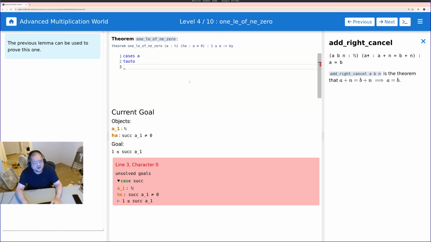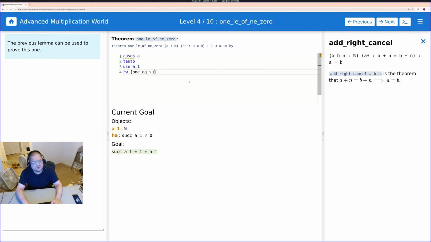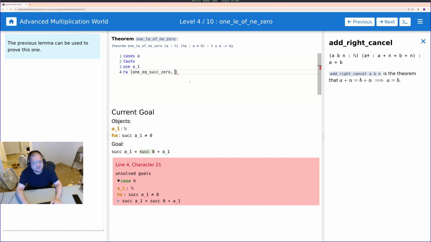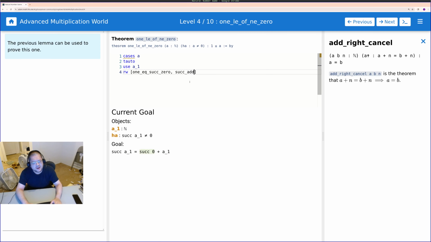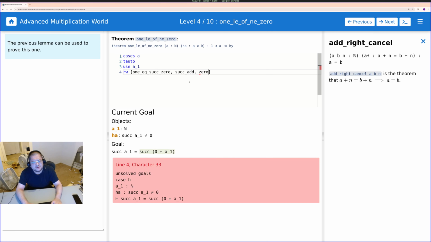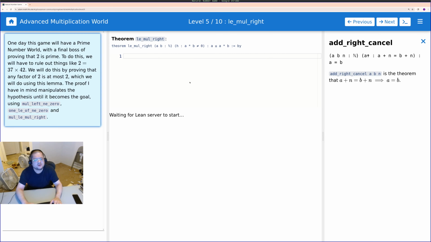This one's tautologically true. This one here, we'll just use a1. Rewrite 1 equals successor 0. Successor add 0 add RFL. Okay.